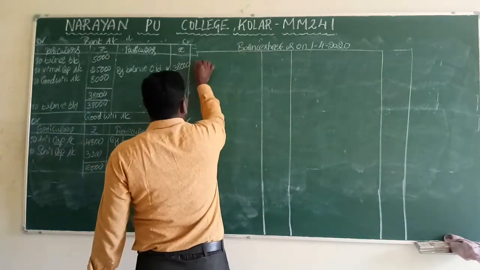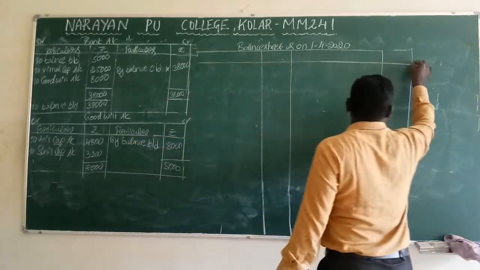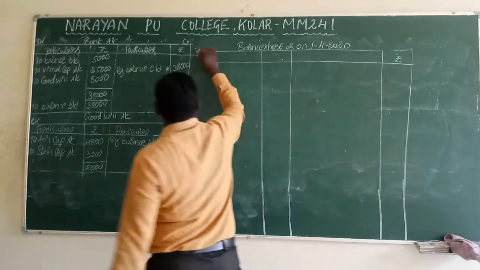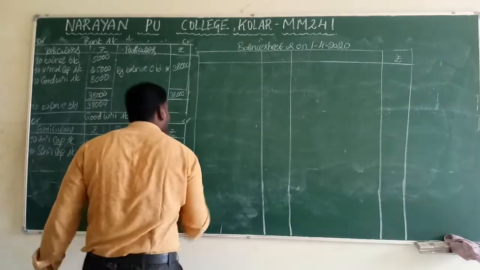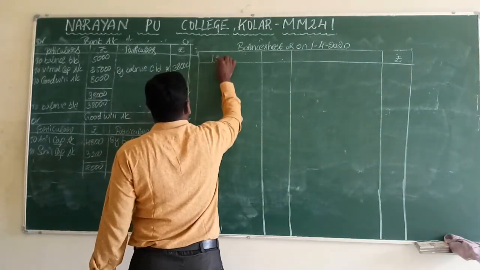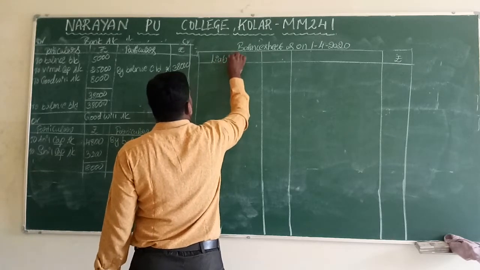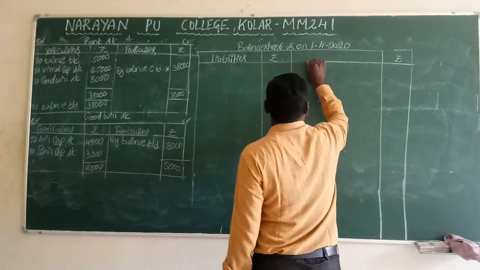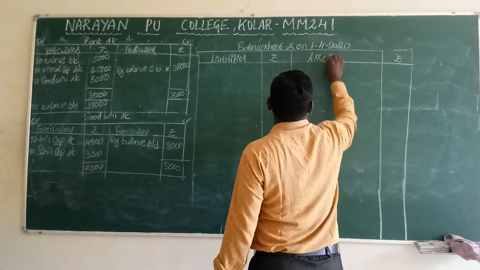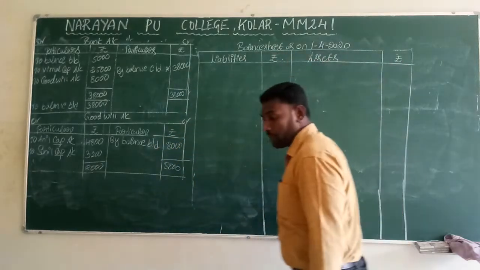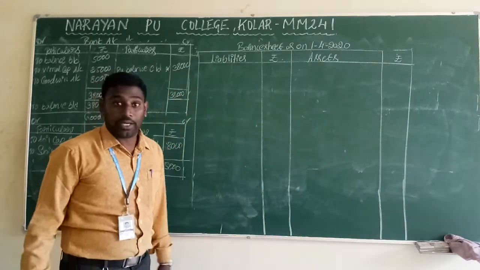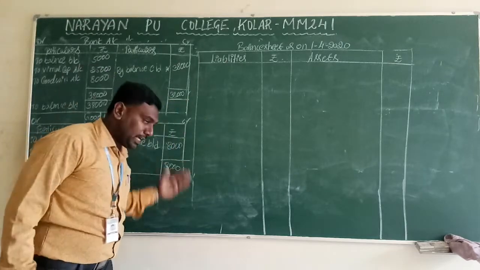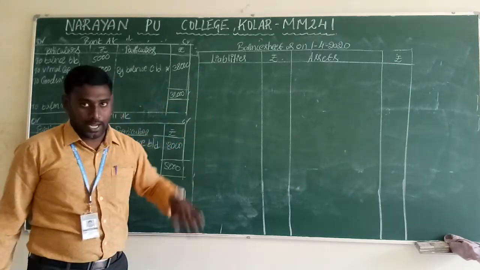Here also, no need to write debit and credit; directly we should write liabilities, amount, assets, amount. How is the balance sheet going to be prepared? With the base of the old balance sheet and the remaining accounts, we have to prepare the new balance sheet.